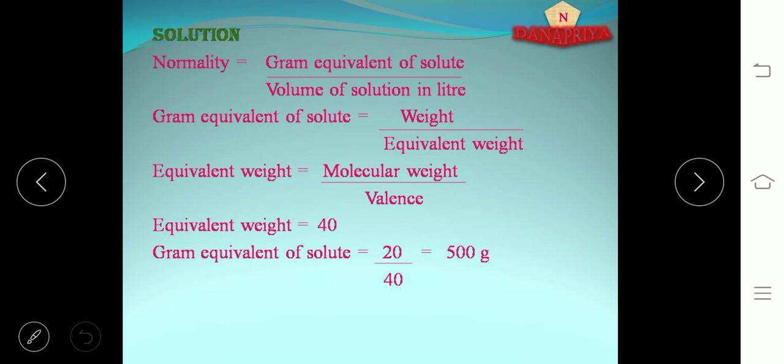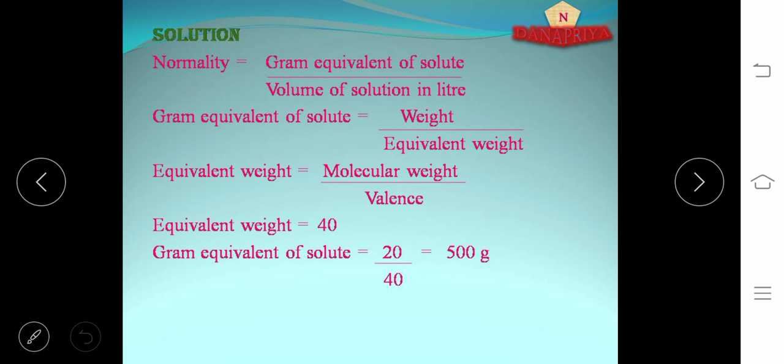So the solute here is 20. Overall solution, take basis as 100 kg. So 100 minus 20 is equal to 80, that is solvent. Then to find gram equivalent of solute, the formula is weight by equivalent weight. To find equivalent weight, the formula is molecular weight by valency.